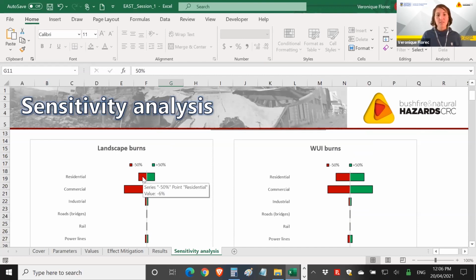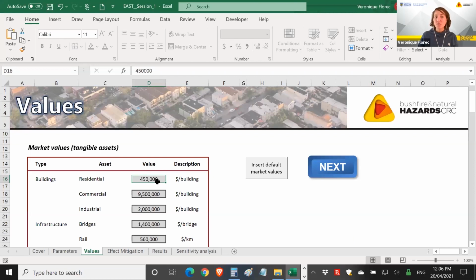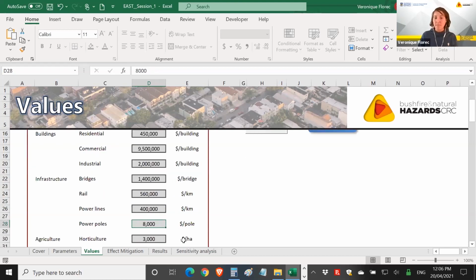So there you go, that's handy. The red bar is telling me that my net present value is reduced by 6% when I change the value of residential buildings to 225,000, but I leave all the others the same. I'm only changing one at a time.